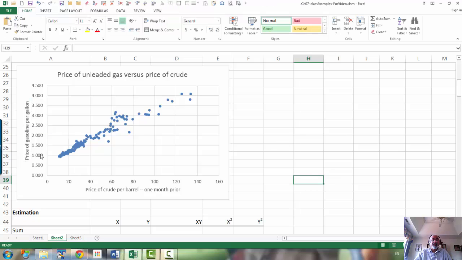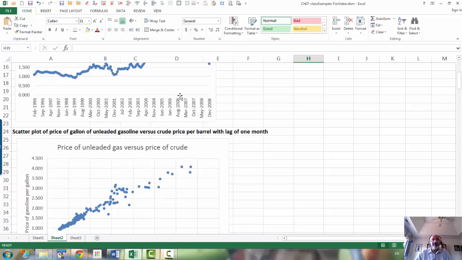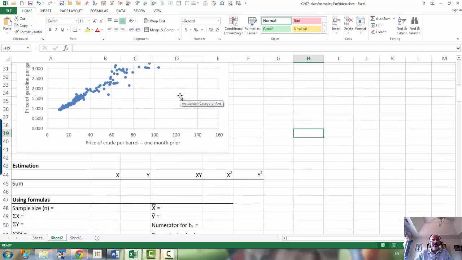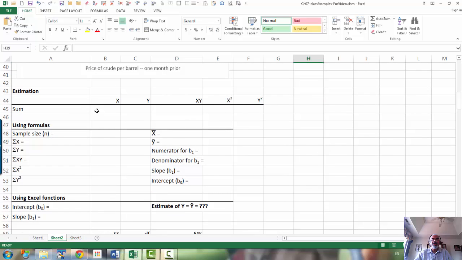Now you see there is a clear linear relationship, and once again you can see the variability in some price ranges for the crude oil price. So this is the first step: you draw the plots. And then next we will estimate the regression coefficients.